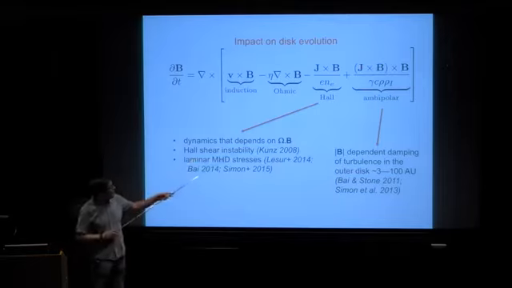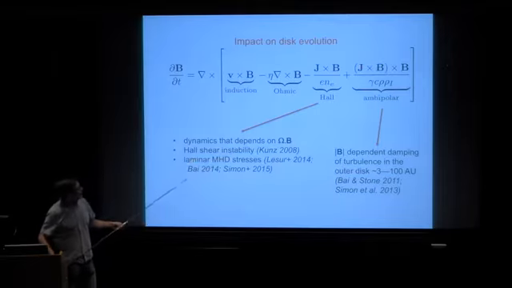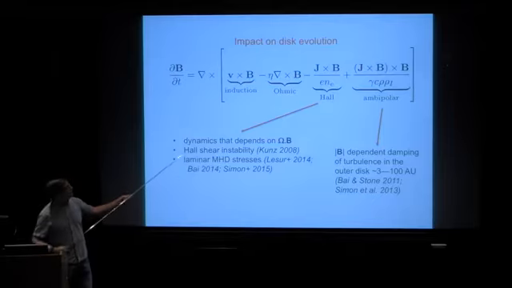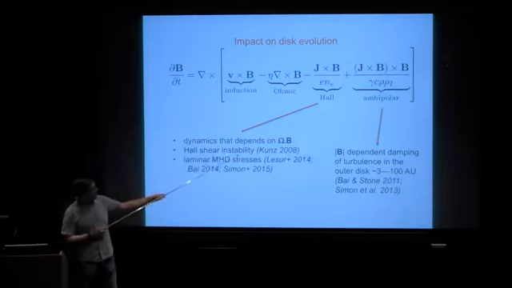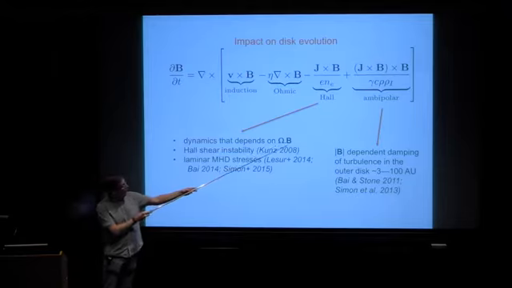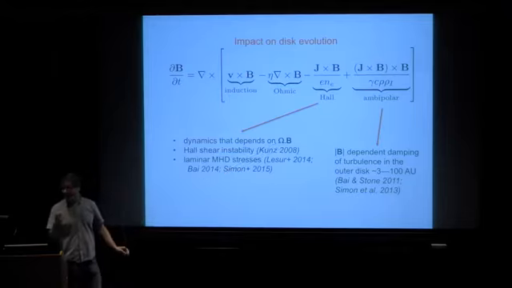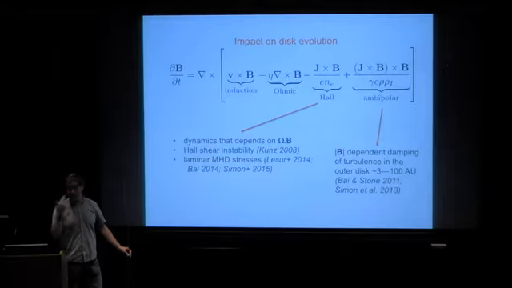And then the Hall part is trickier again, because unlike the other terms here, this actually has a dependence on the sign of the magnetic field in addition to the strength of the magnetic field. Okay, so it gives rise to dynamics that depend on how the magnetic field is oriented with respect to some other characteristic direction in the system, for example, the axis defined by the rotation.